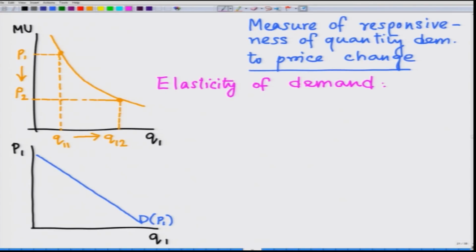So, in the case of elasticity of demand, how to express this? In words, elasticity of demand means the percentage change in quantity consumption of good 1 due to a 1% change in price of good 1, keeping everything else the same.